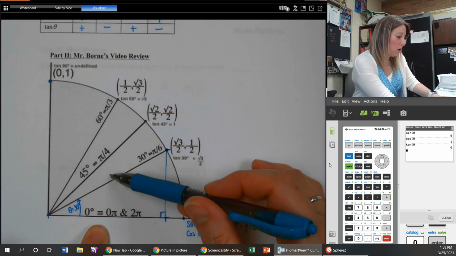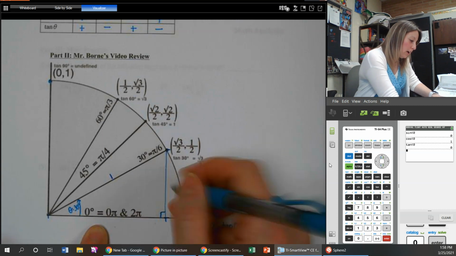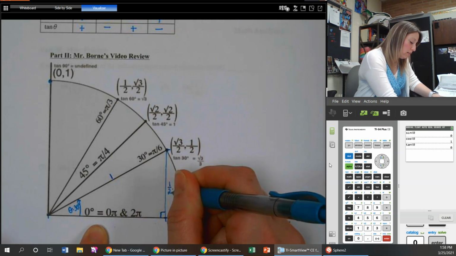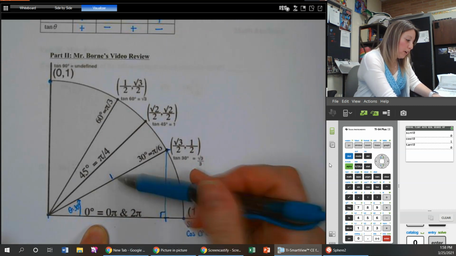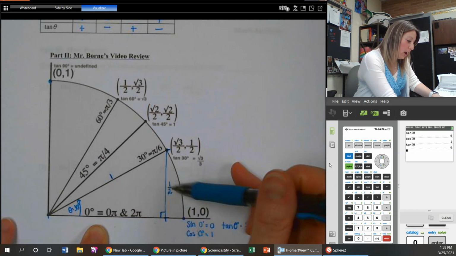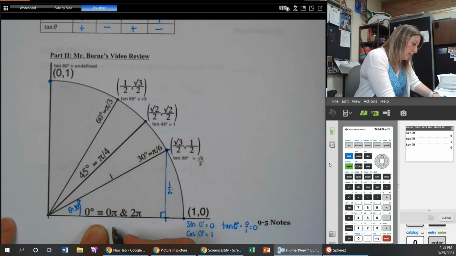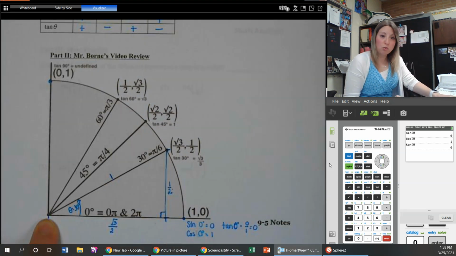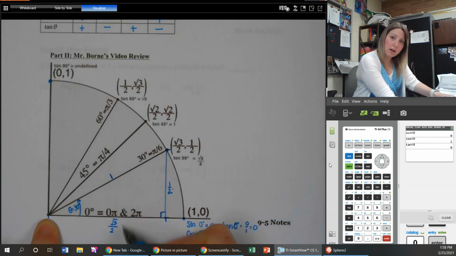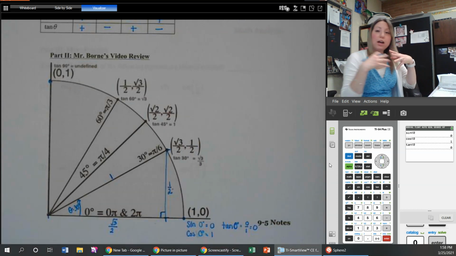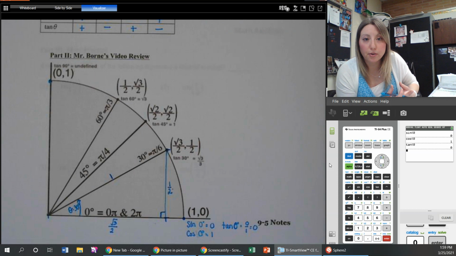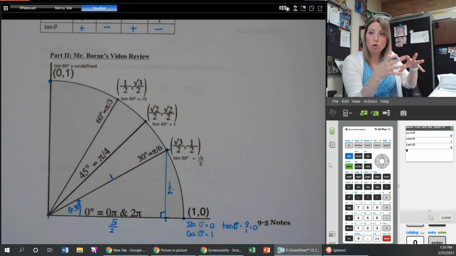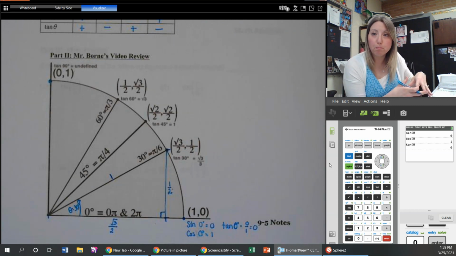If I know this side is 1, then I take half of that to get this side, this distance right here. Also, if I know proportionally this side is radical 3, then take half, right? So radical 3 over 2 is the length from here to here. And that's what gets me the x coordinate, because that's my adjacent side and my cosine. And so that's how it all comes together. That's where we're getting those coordinate values from.